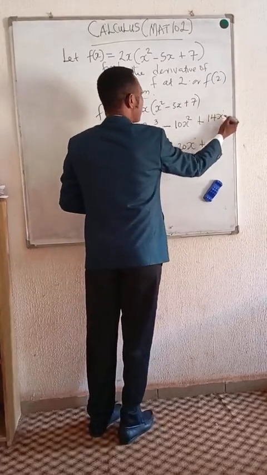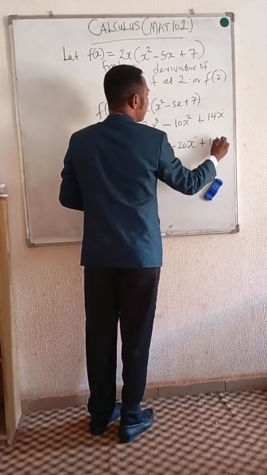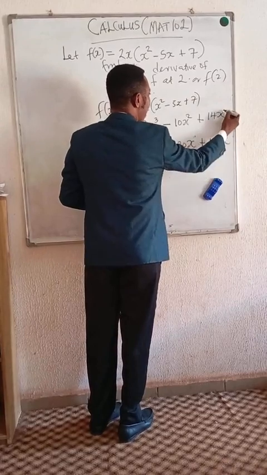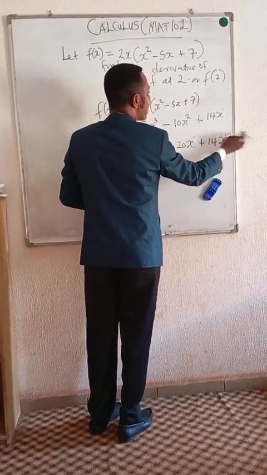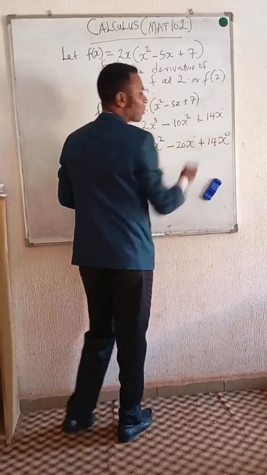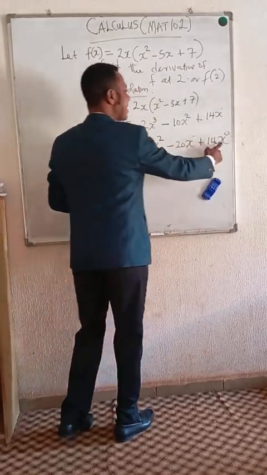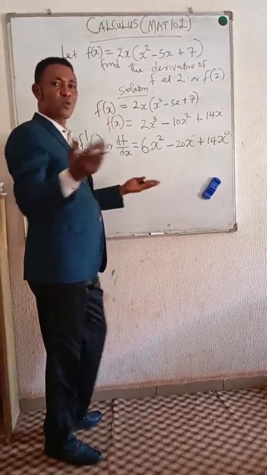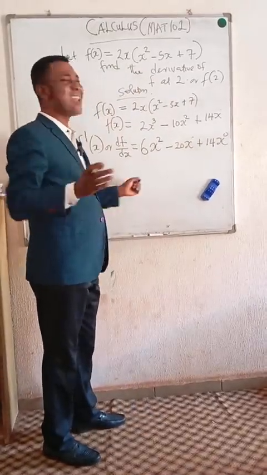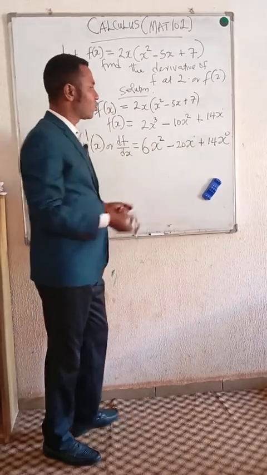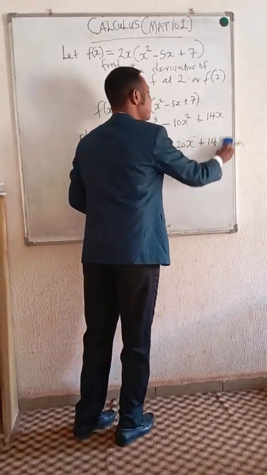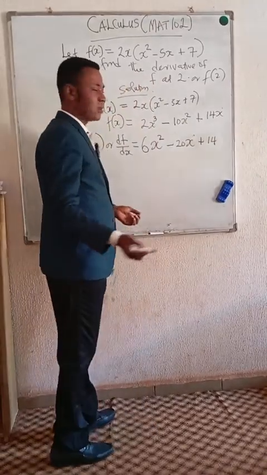The power here is what? 1. So 1 times 14, you still have 14. Then 1, you take 1 from it. 1 minus 1, it will be what? 0. And x power 0 is equal to what? 1. In mathematics, anything power 0 is equal to 1. That is why this x power 0 will not be written, because it's 1.